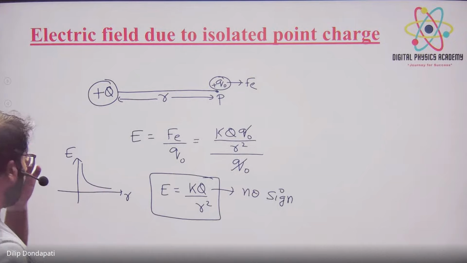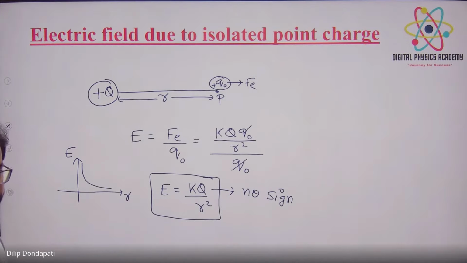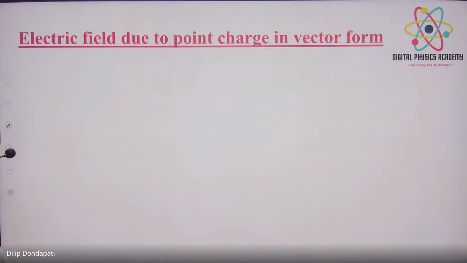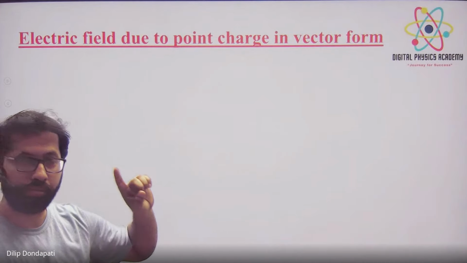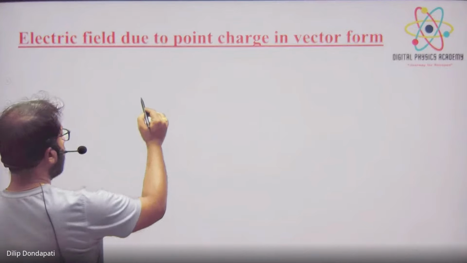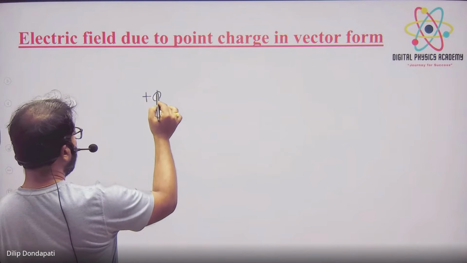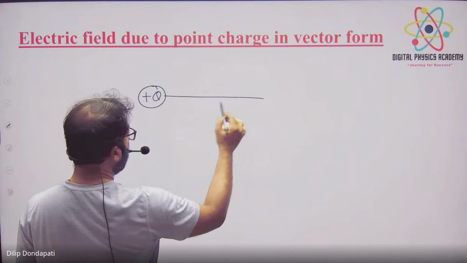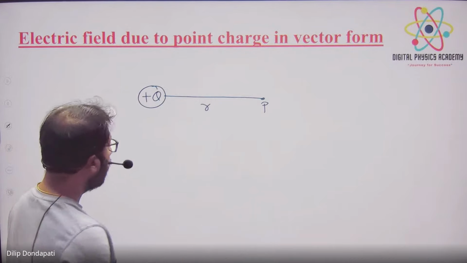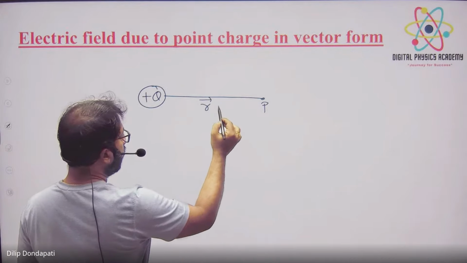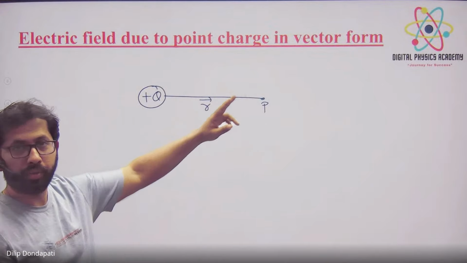Okay, finished. So the first formula is K Q by R square. Now I want the electric field intensity in vector form too. When they give i cap, j cap, we should use this formula. With a point charge, I want to find the field at point P at a distance r. I introduce one vector, r vector, at distance r.